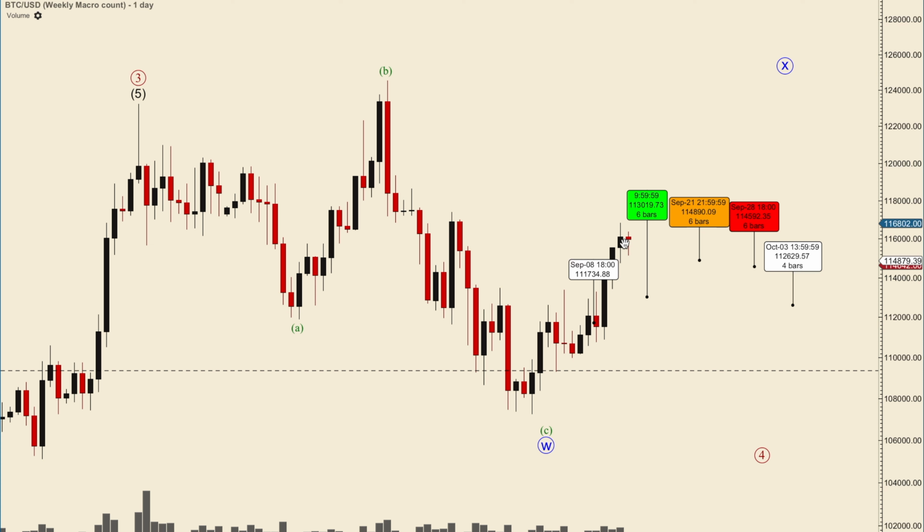But here is the highest probability fib cluster with fib time, and here, basically, something big is going to happen. This is the next probable target, September 21, and this is the third probable target, September 28. And this is basically the last probable target, October 3.